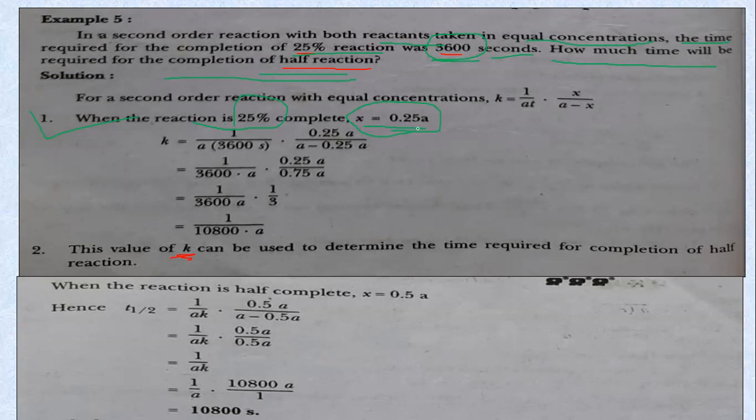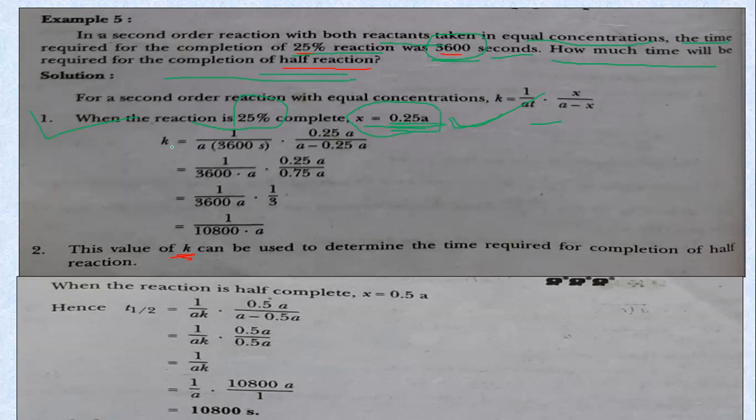If 75% of the reaction were complete, we would take 0.75A, right? We saw this earlier in the first order reaction. You can go through the previous lecture to find how we calculate this. Just put the value of x as 0.25A.